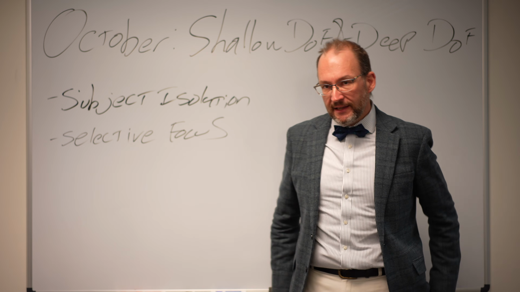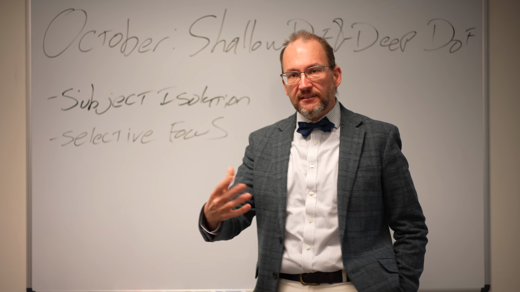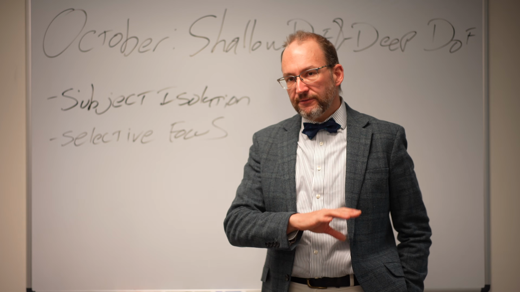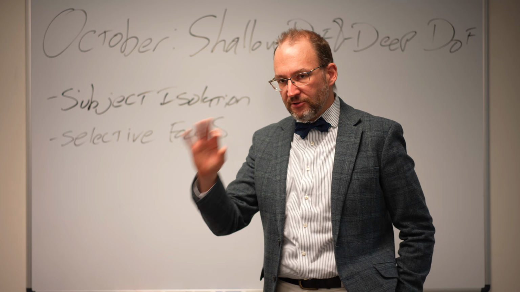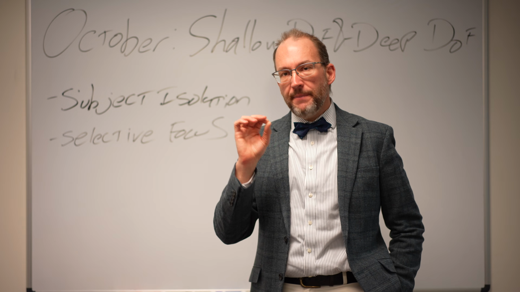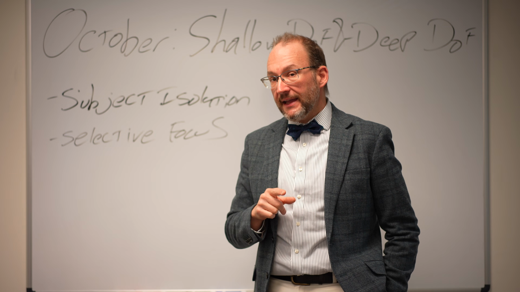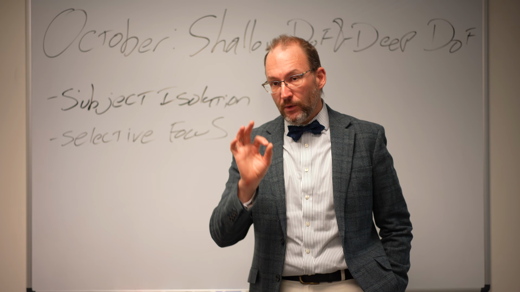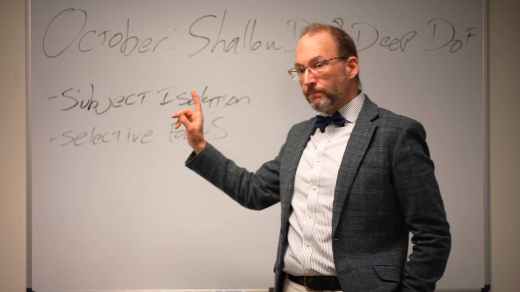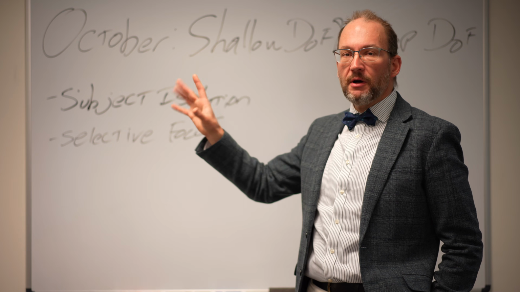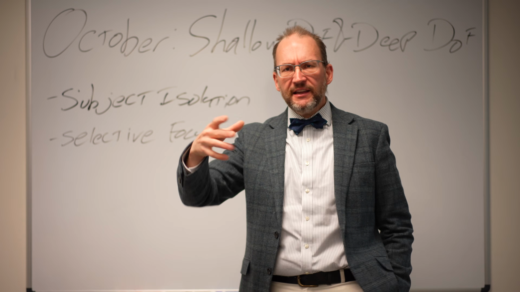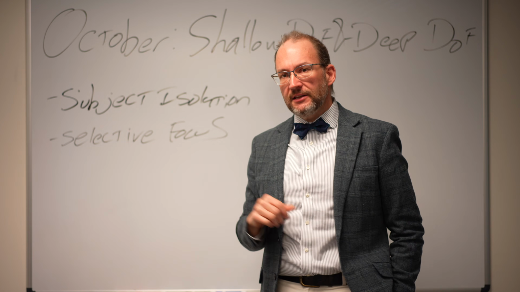What happens when you shoot a landscape at a very small aperture? Play around with the different settings, the different subjects, the different apertures, and see how those benefit your creative work. And if you want to do something really fun, when you're shooting at the smaller apertures, put a point source light or multiple point source lights, like fairy lights or something like that, in your image, in the background.